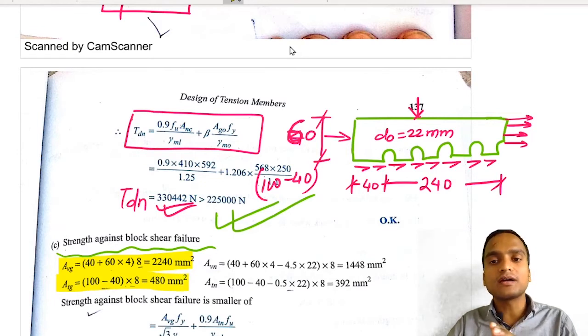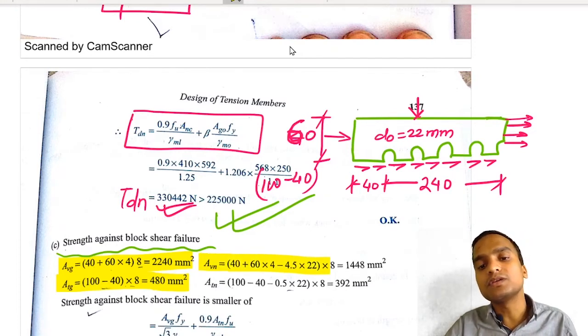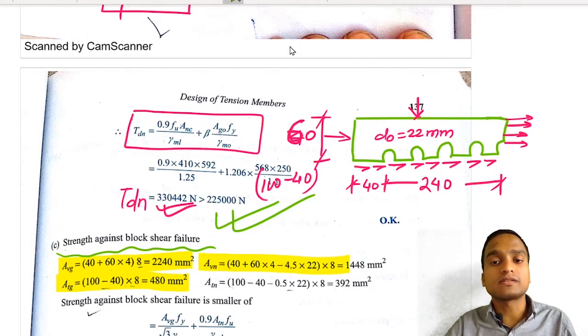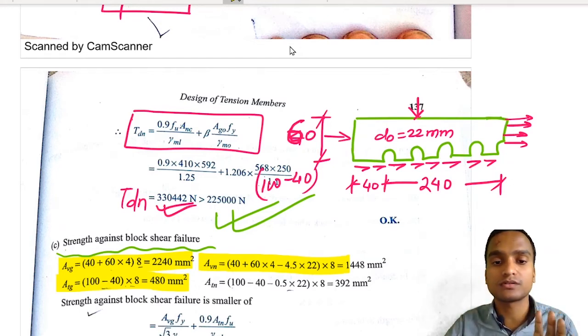Okay, so the diagram of block being sheared out is very important, and then you can calculate the value of gross and net area very easily. Similarly, the net area of shear plane will be equal to 40 plus 240 minus 4.5 into 22, and there are 4 intermediate bolts and 1 corner bolt.